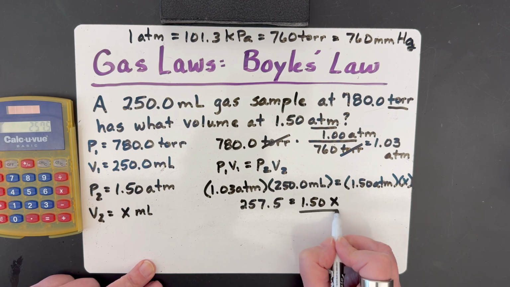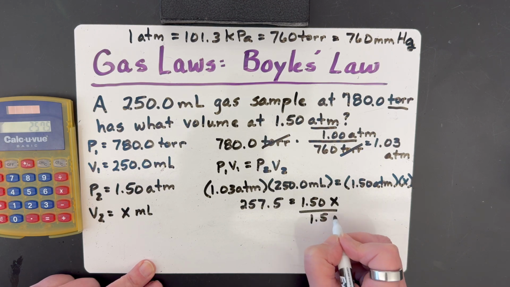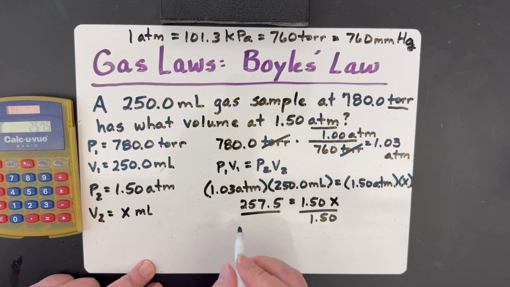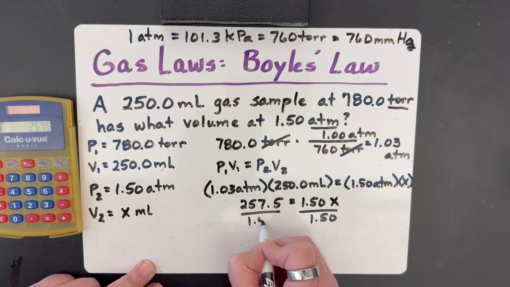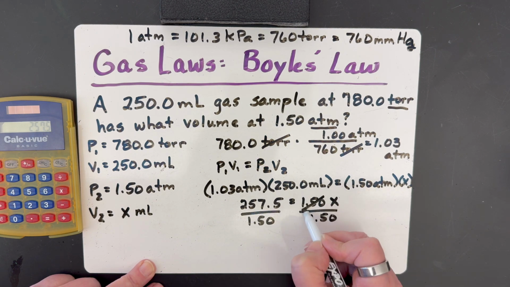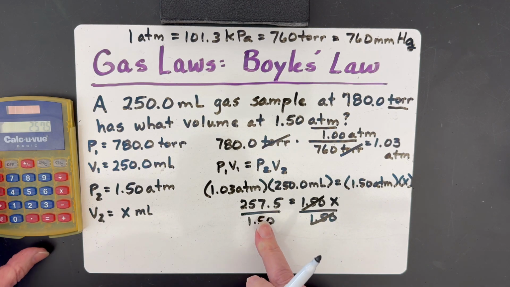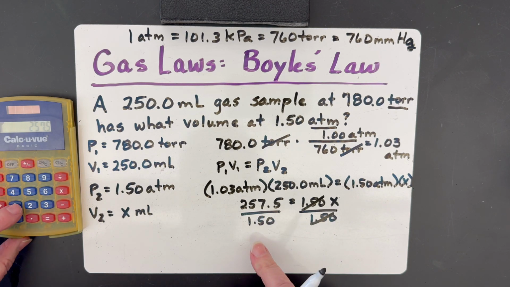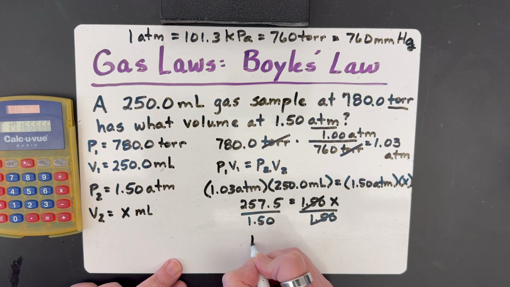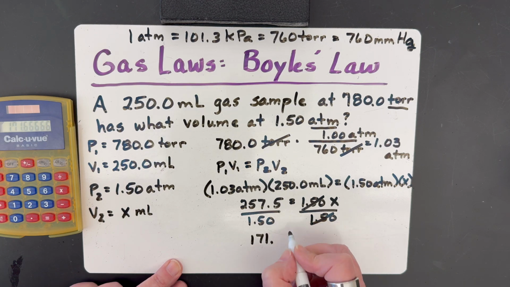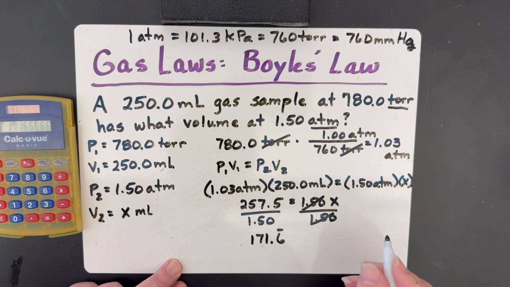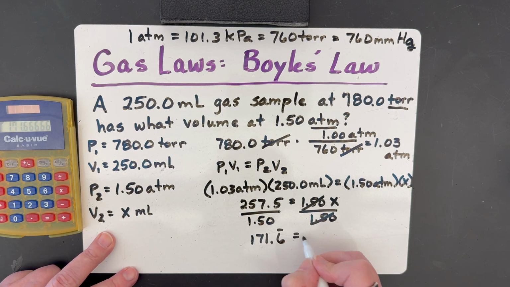To get the x by itself, I need to divide by 1.50 on both sides. This one cancels. On this side, we get 171.6 repeating equals X.